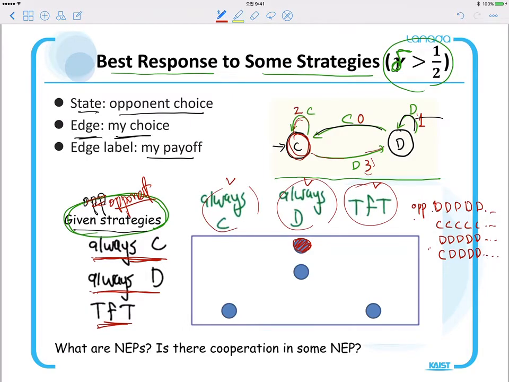What gives me a higher payoff? Well, my opponent's strategy is D. If I choose C, then I get 0. If my opponent is D and I choose D, then I get 1. Of course, we need to discount the payoff.